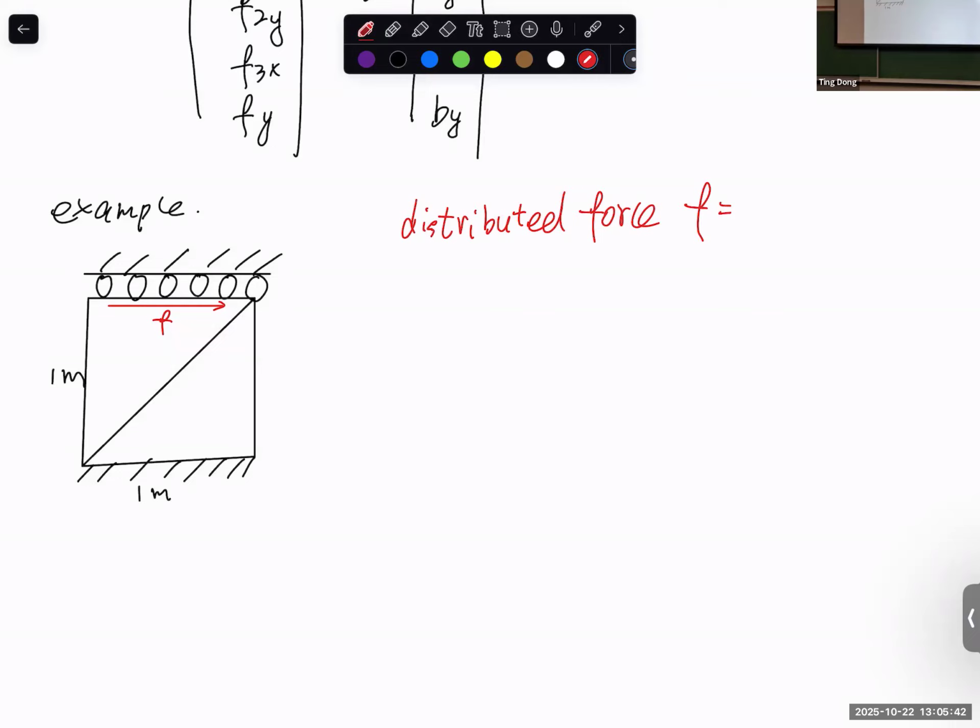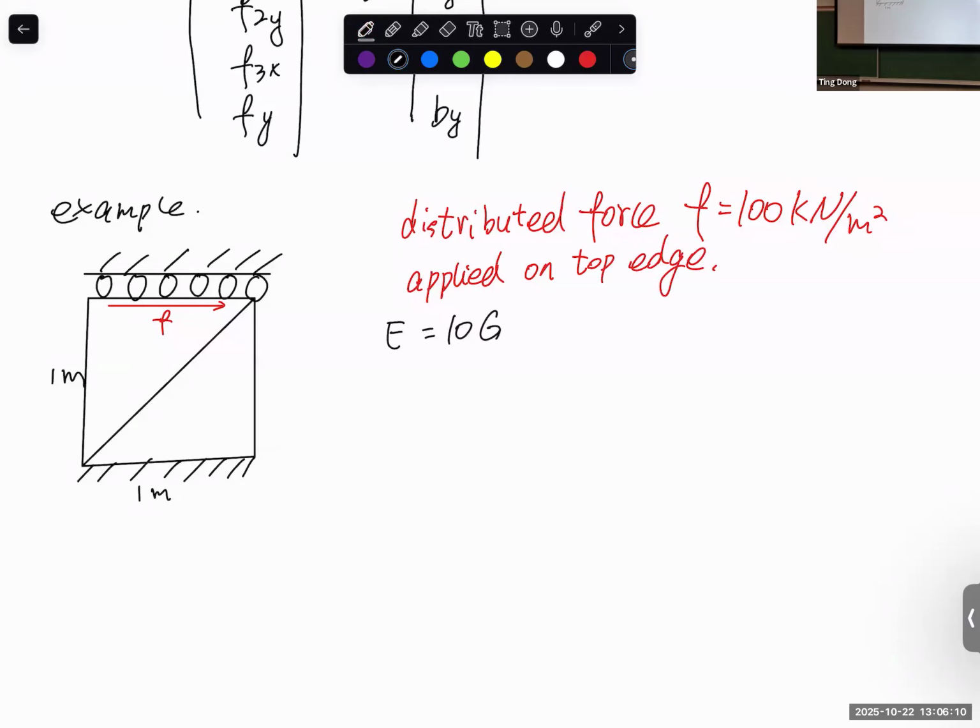F equal to kilonewton per meter square on the top edge. Material property: Young's modulus. Poisson ratio, 0.25. Thickness of the element.